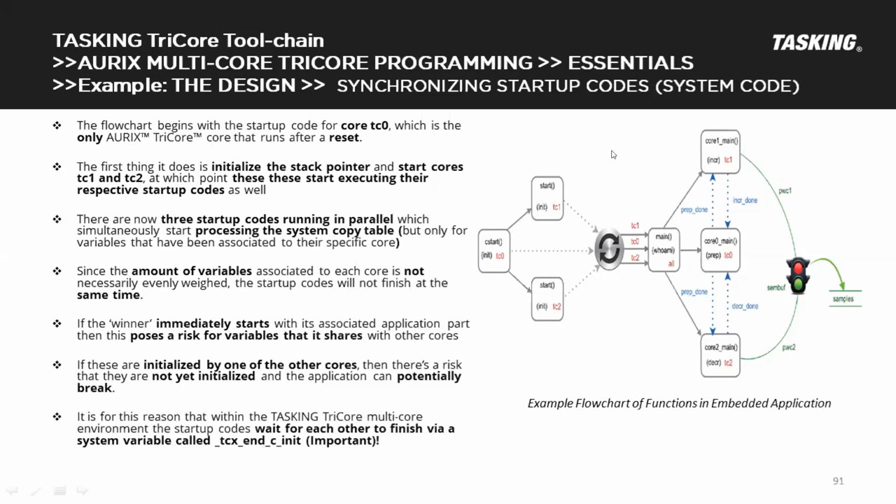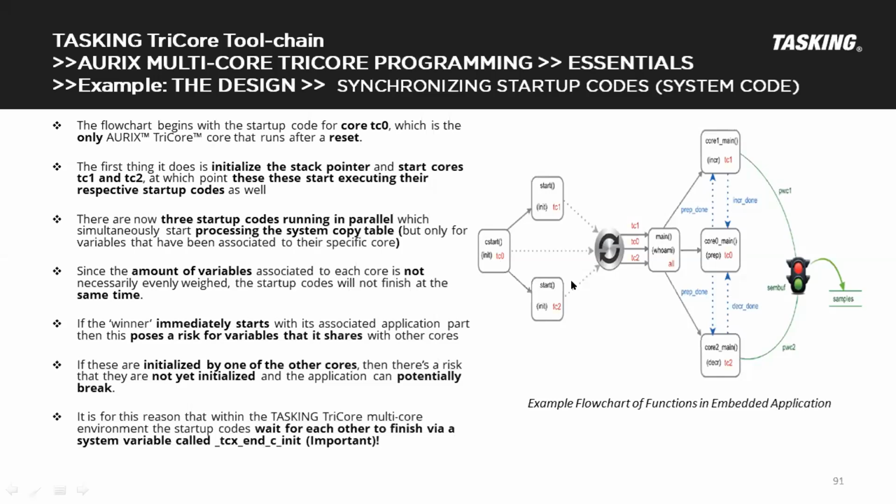Because let's assume the shared variables here, or the variables that are initialized by other cores. Let's assume I already finished the startup code on TriCore number 1, and I jump to execute the code related to core number 1. But this application code needs some other variables that should be initialized by core number 0, or by core number 2.